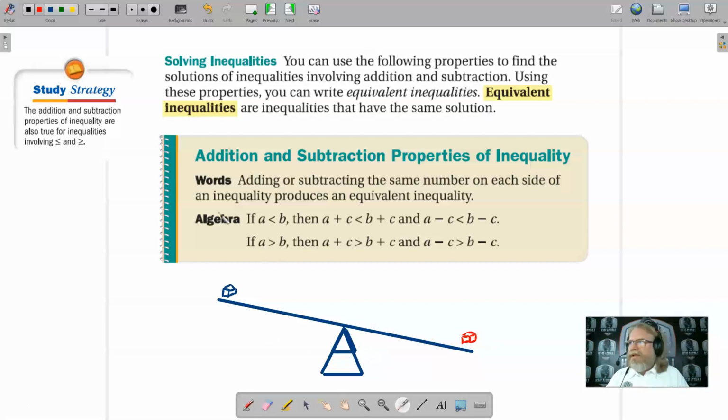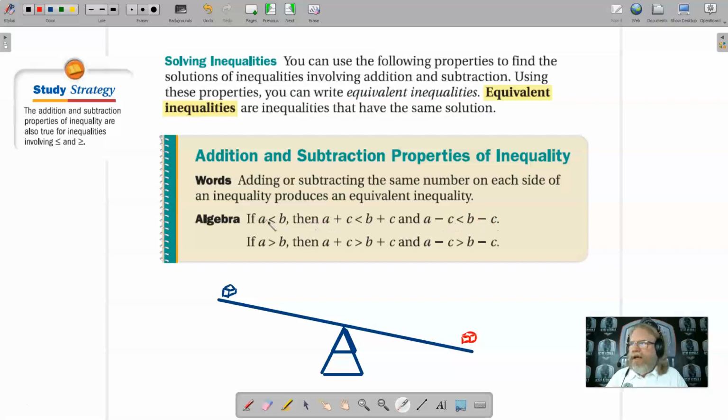Well, let's see what this has to say about the addition and subtraction property of inequality. In words, we say that adding or subtracting the same amount on each side of an inequality produces an equivalent inequality. So if A is less than B, and we add C to both sides, then A minus C is going to be less than B minus C. As I said that, I realized that I read that incorrectly.